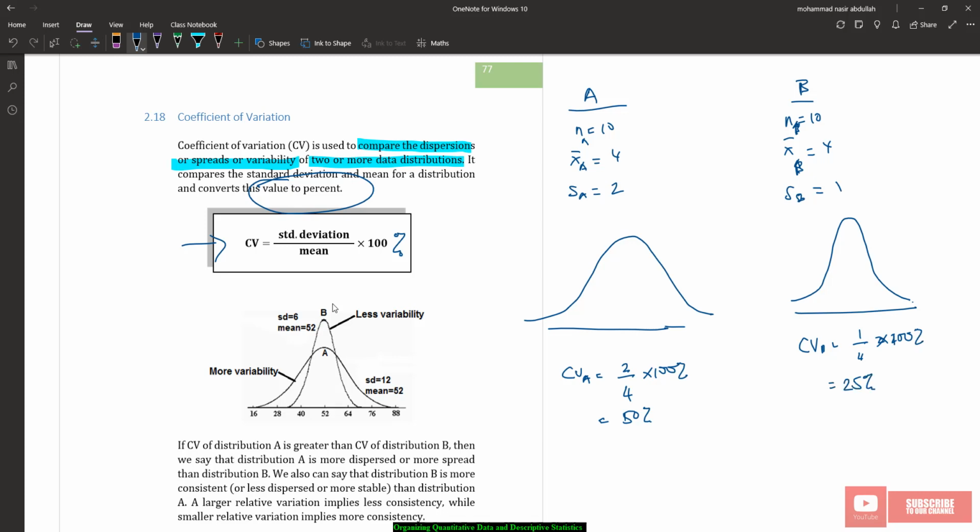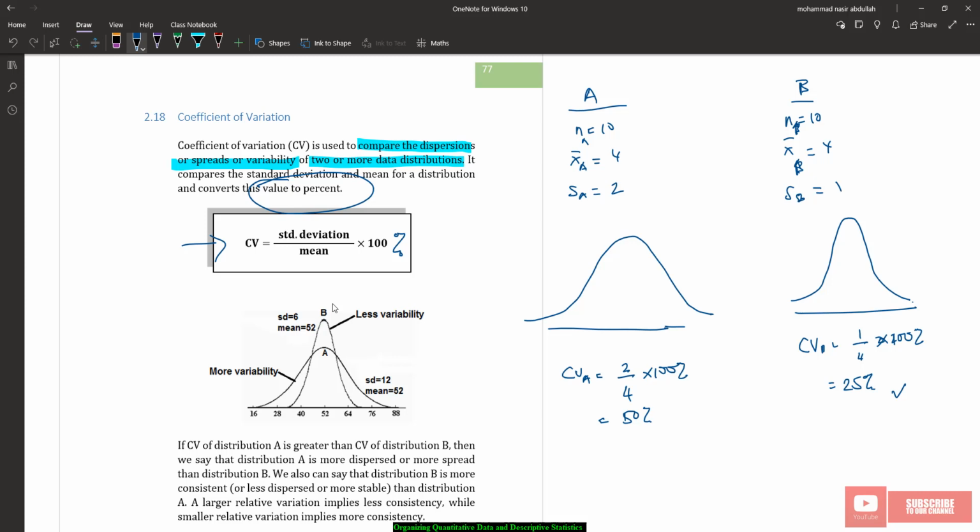So which value is smaller? Of course, distribution B is smaller. So we can say that distribution B is less spread, or more consistent, compared to distribution A. That's the point. We want to see which distribution is more consistent or less spread compared to the other distribution.